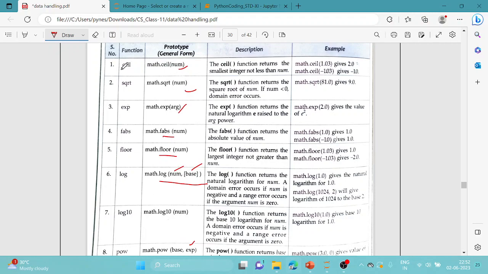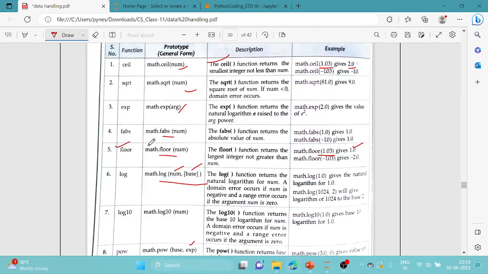The ceil function will return the ceiling value of a floating point number, like 1.03 returns 2.0. Another function is floor. The floor function returns the floor value, like if I write math.floor of 1.03, it will return 1.0.